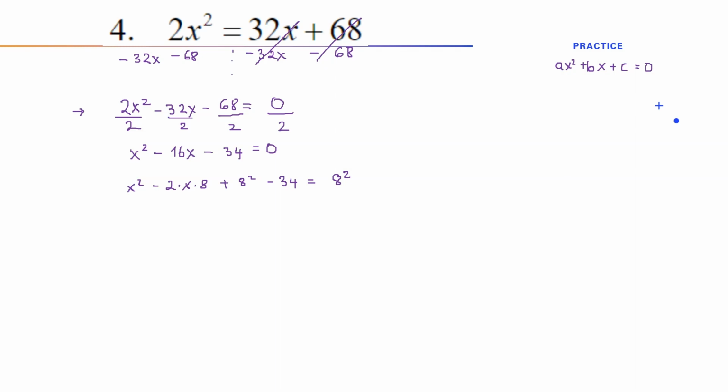Remember the a squared, we add one side, we have to add another side. And also the first three terms form x minus a squared. We drop the 34, equal 64.